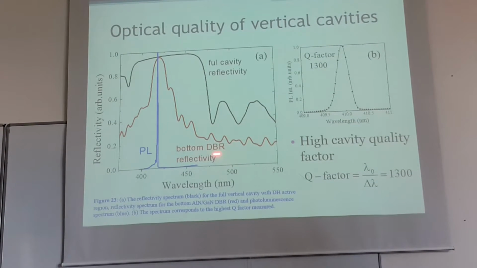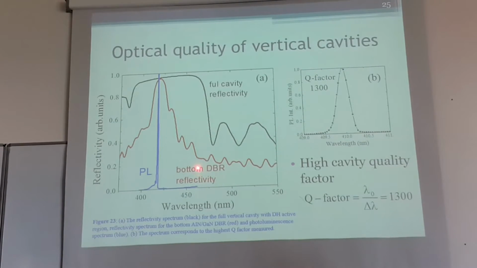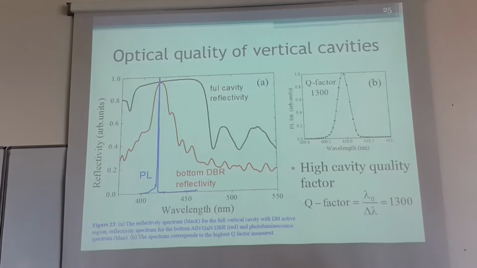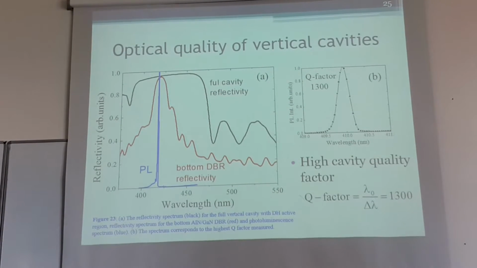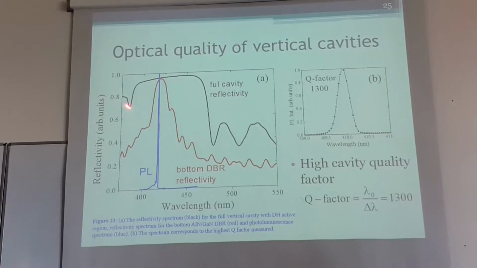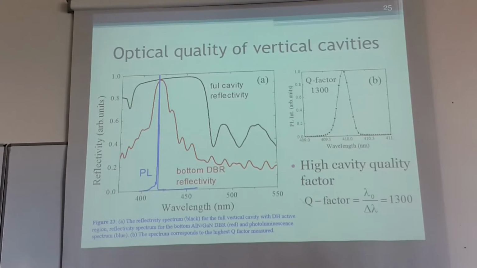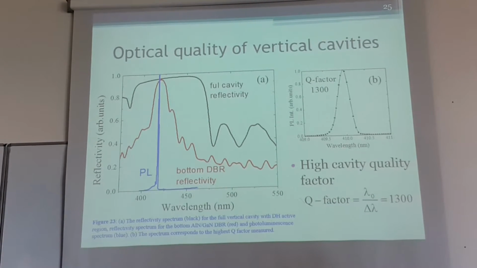This has 13 pairs of aluminum nitride, gallium nitride, while this one has only 3 pairs. So we can obtain a larger stop band and higher reflectivity compared to the aluminum nitride, gallium nitride DBR.